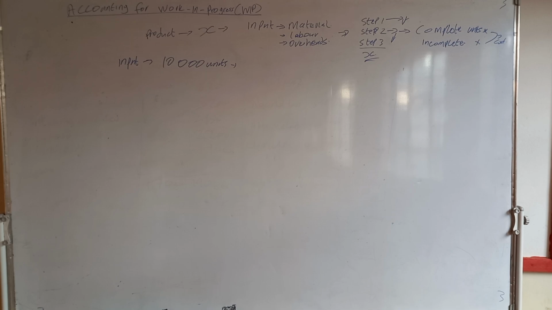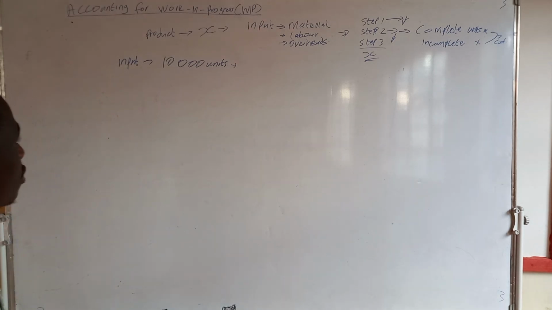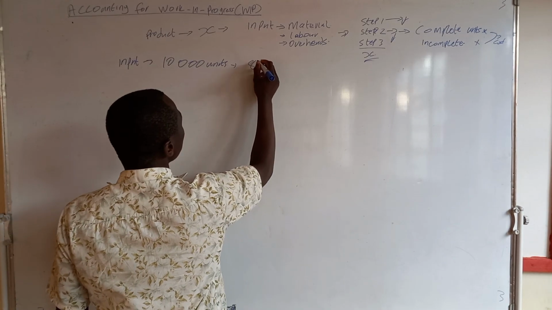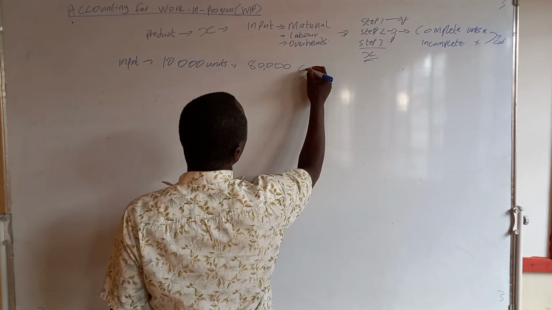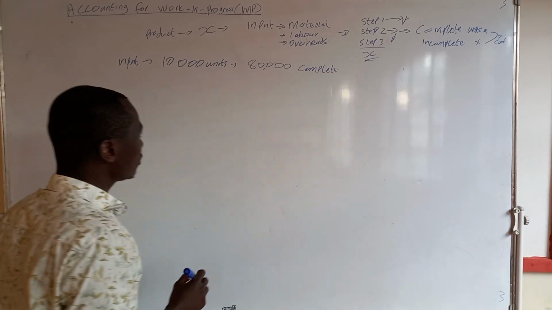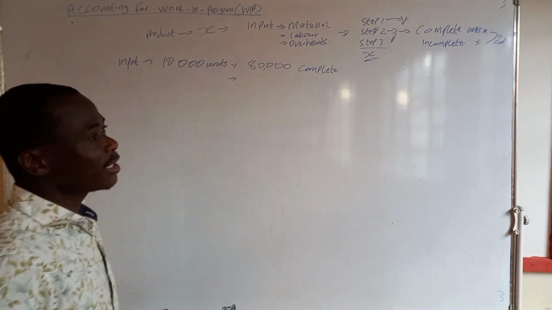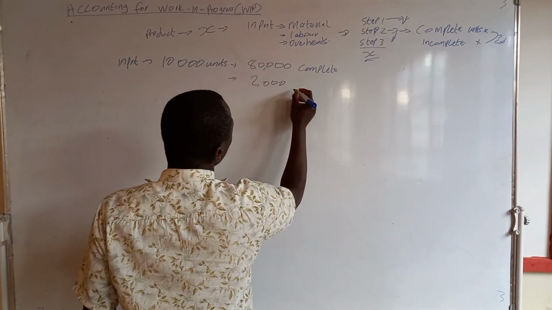Out of these 10,000 units in step 2, at the end of the financial or accounting period, you notice that only 8,000 are complete. This simply means 2,000 are not yet complete, incomplete.